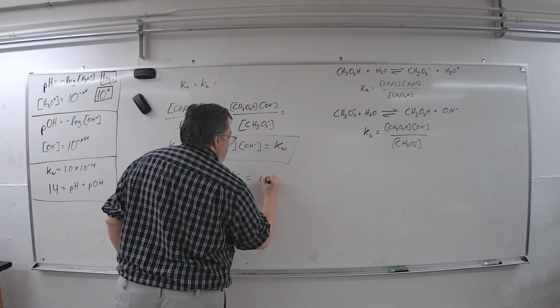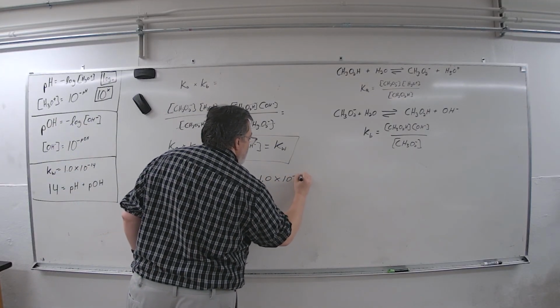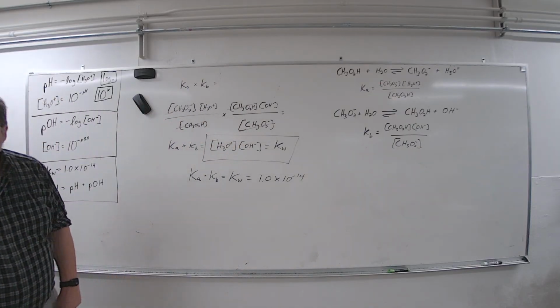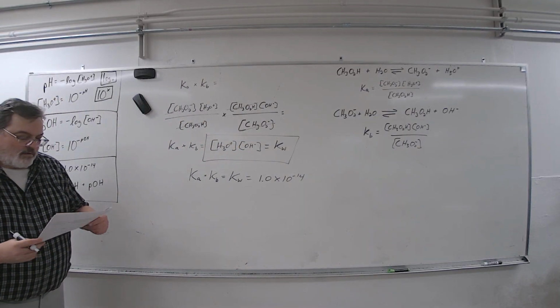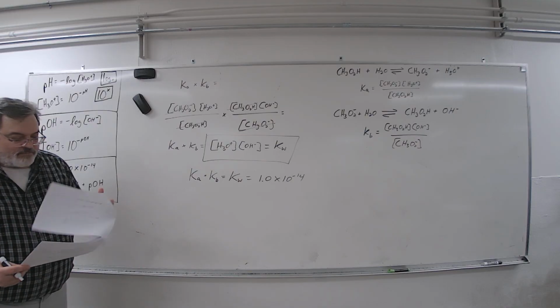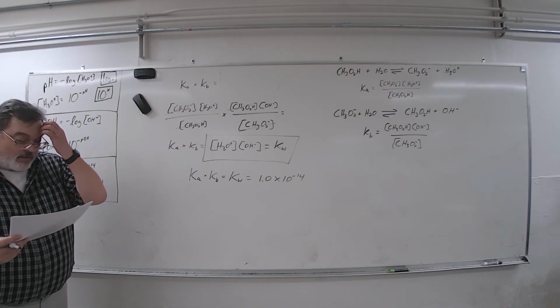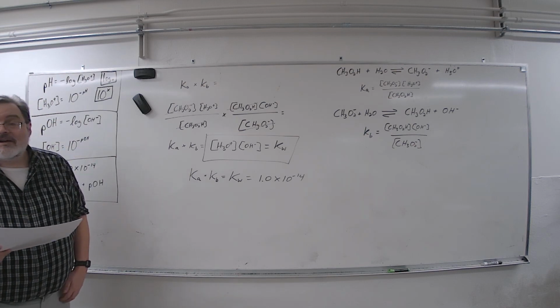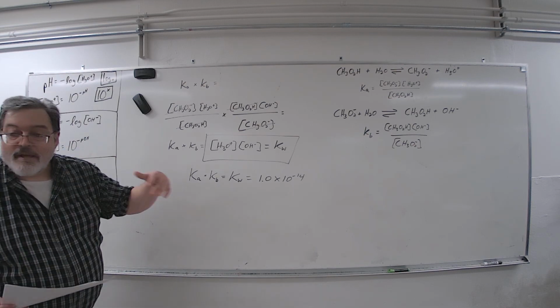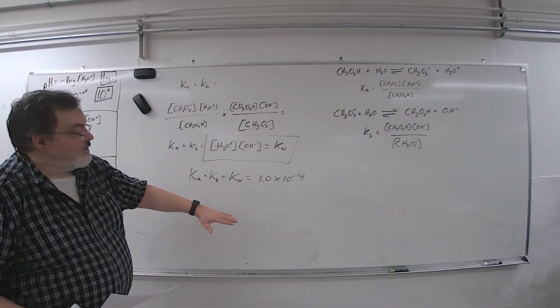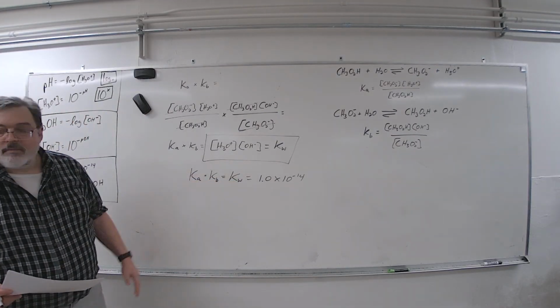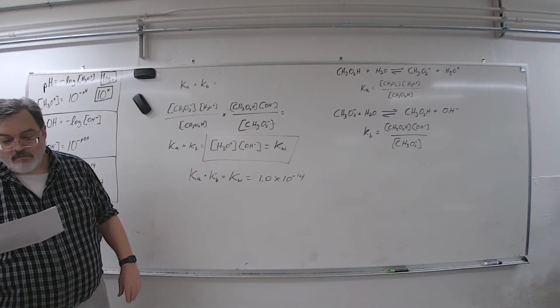So if you have the Ka value for something, and you want to know the Kb value for its conjugate base, you just use this constant and a little bit of division and you can find it.